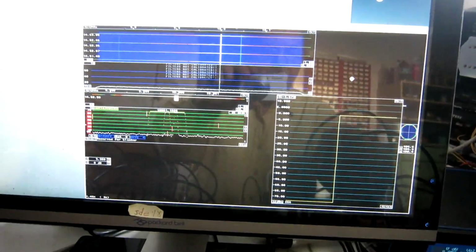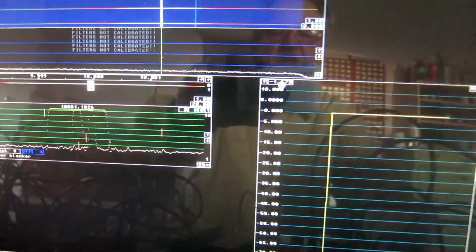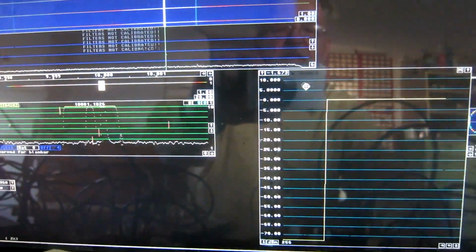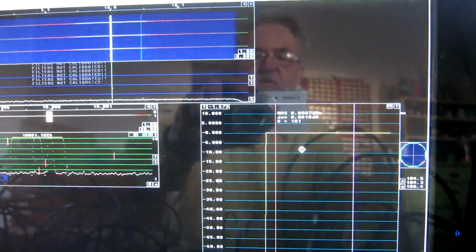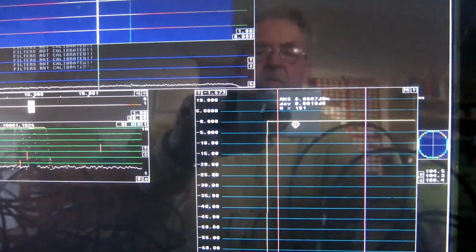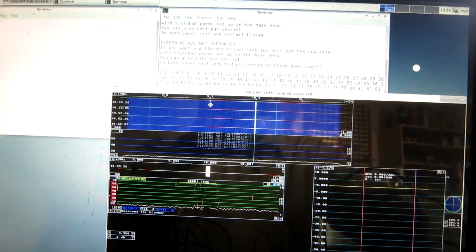This is the STRIP screen. I have set the calibration to minus 1.67 to get a reading for the 10 megahertz signal at 0 on the dBm scale. And then I switch on another signal, as I have done previously in the other video. It is 100 kilohertz below here.